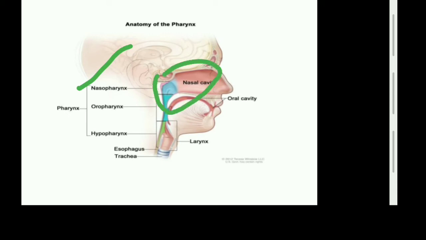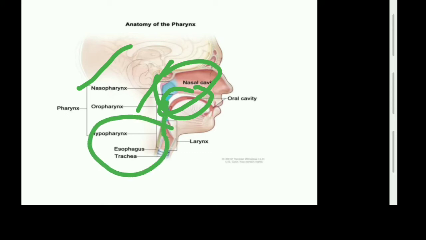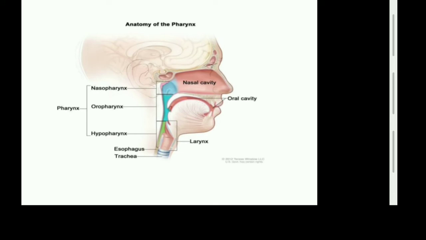The oropharynx is the oral part of the pharynx and lies behind the mouth. The laryngeal part of the pharynx extends from the oropharynx to the larynx; this is the hypopharynx or laryngopharynx. These are the three parts of the pharynx. Now let us see the functions of the pharynx.